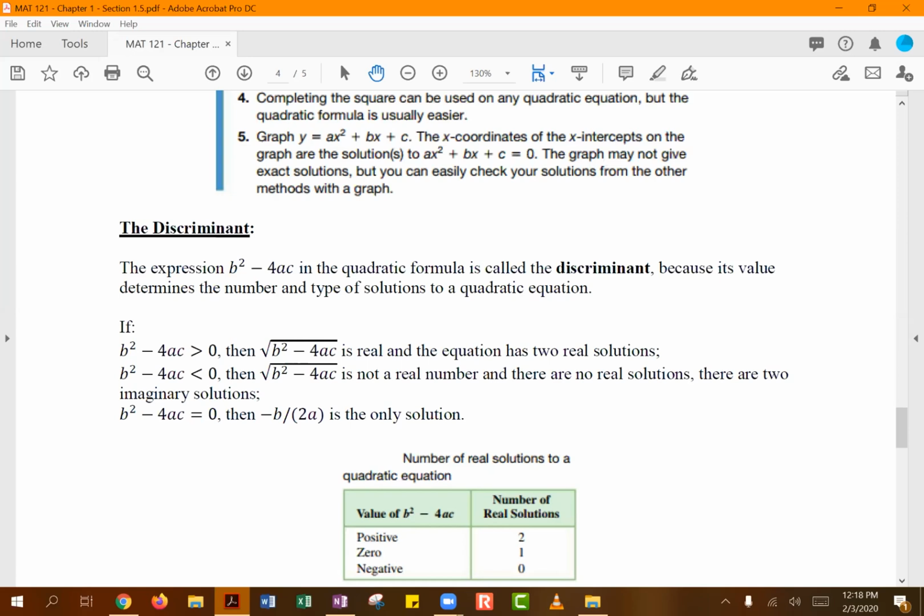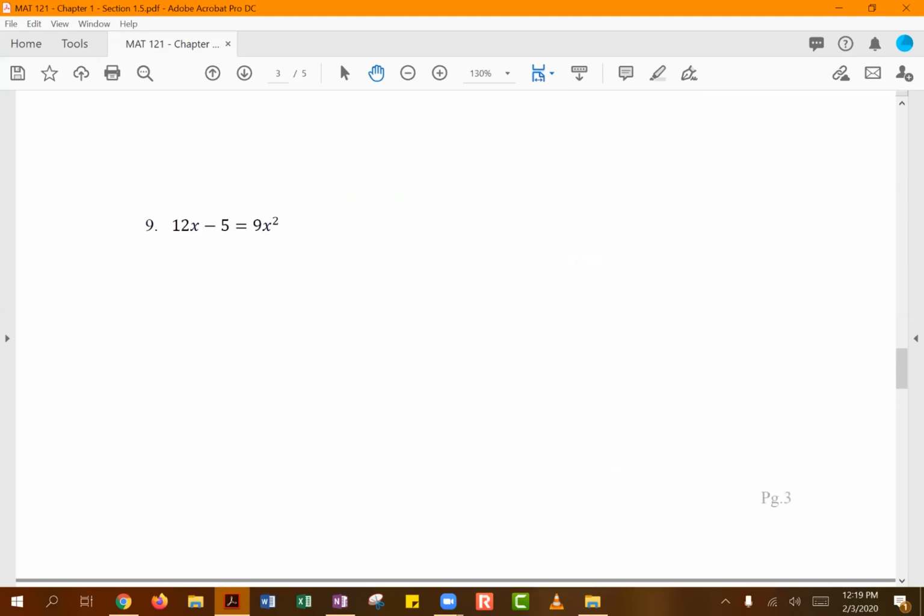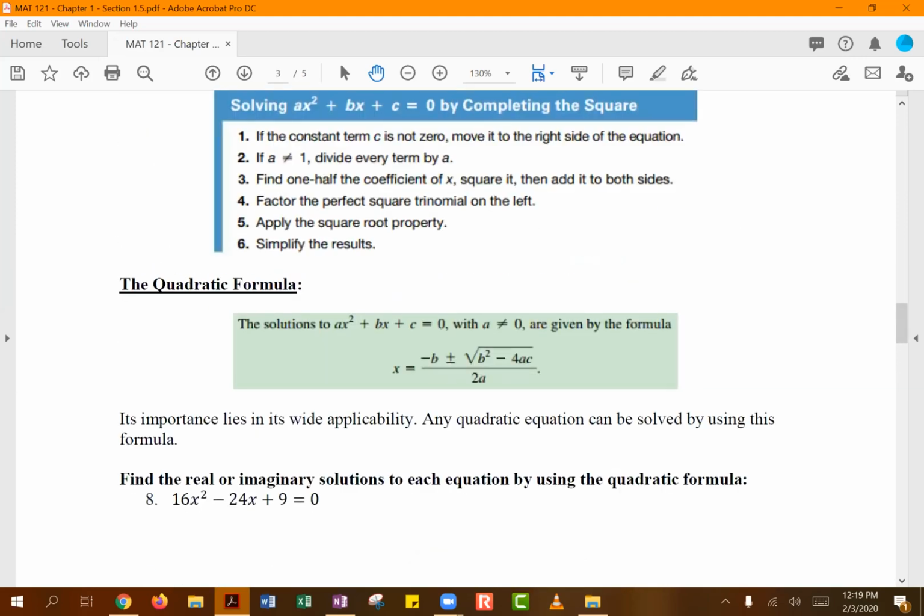Are we going to get 2 imaginary numbers as our answer? Or are we going to get one single answer like we did with that 3/4? So that actually comes from what we call the discriminant. And the discriminant is this value, b squared minus 4ac, which is basically part of our quadratic formula right underneath the radical sign, the square root sign.